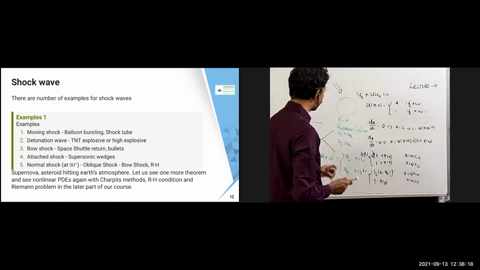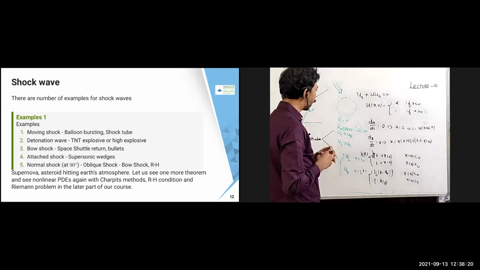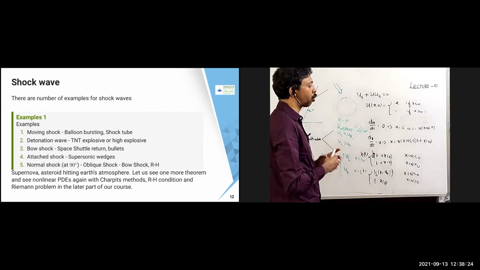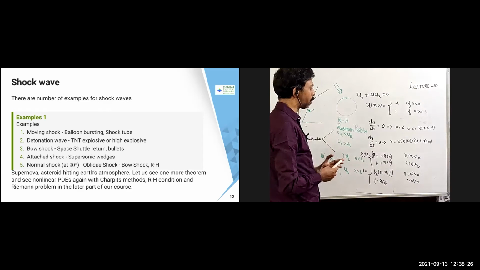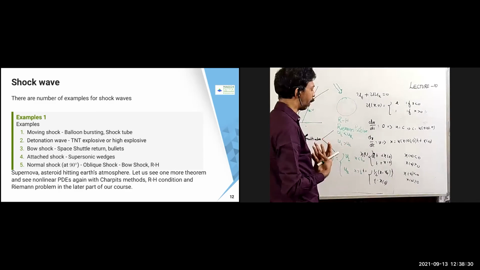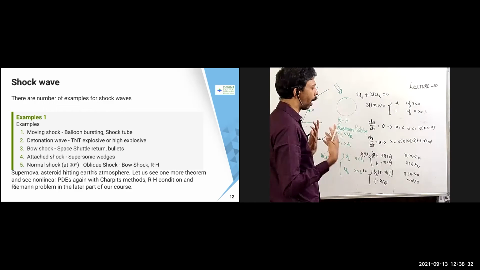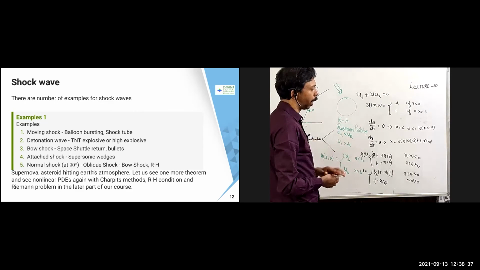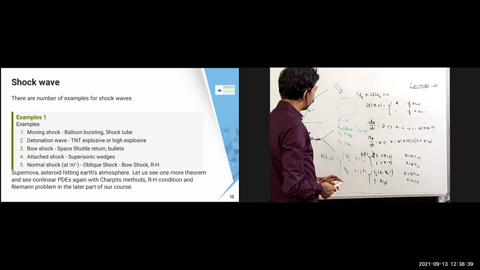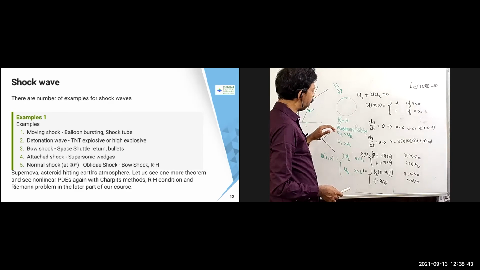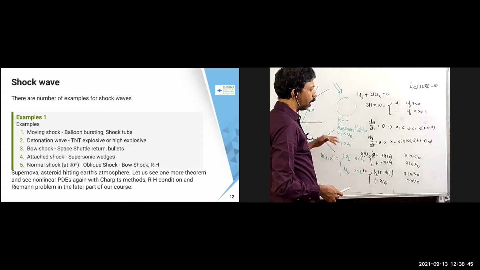This kind of problem also occurs in many cases in astrophysics, where, suppose, a supernova is blasting, or like how the Earth or the planets have formed. Some asteroid just hitting the Earth's atmosphere, etc. In that case also there is a similar kind of shock problem. We'll see more details about this in the later part of the lecture.